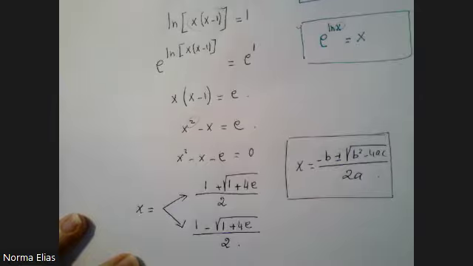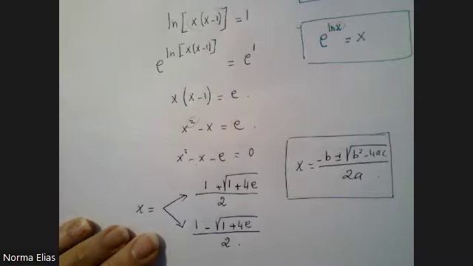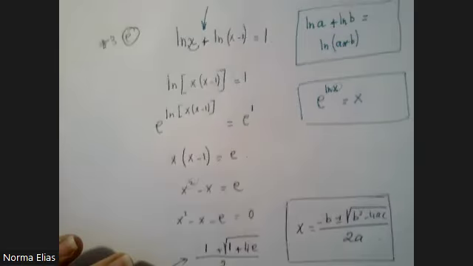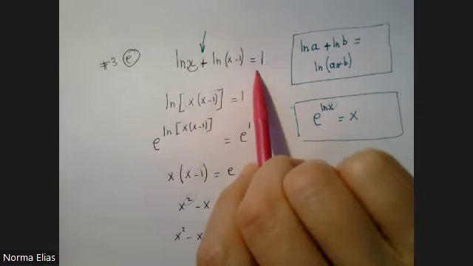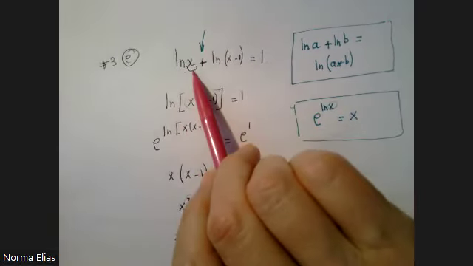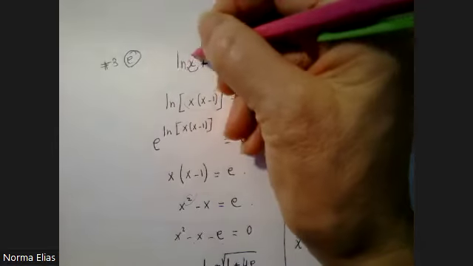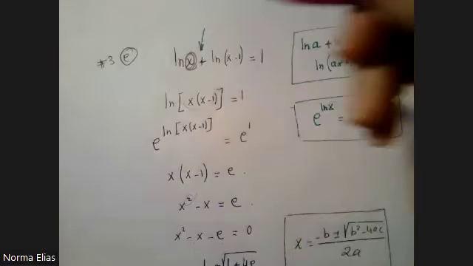Now, in those problems, what we sometimes have to do is, once we have the solution, ask ourselves, can we plug it in here? Now, the minute you have ln of x, it means this term has to be positive.